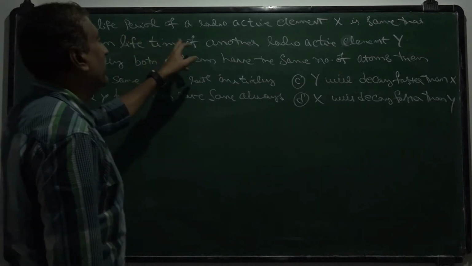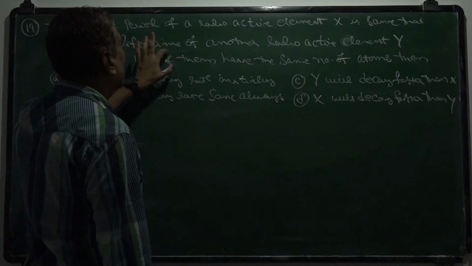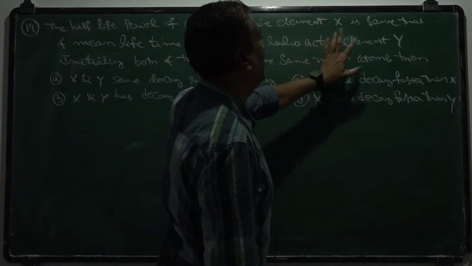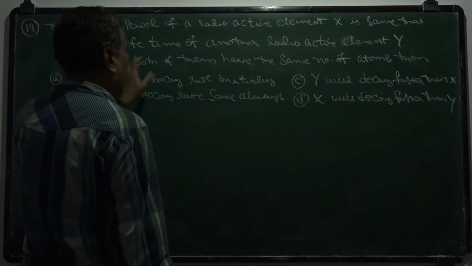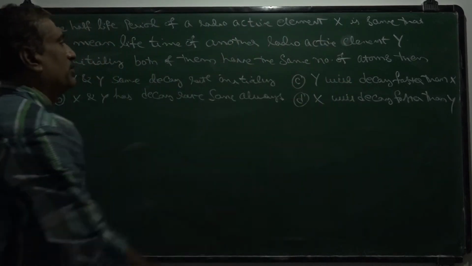The half-life period of a radioactive element X is the same as the mean life of another radioactive element Y. Initially both of them have the same number of atoms, and you have to find the option.